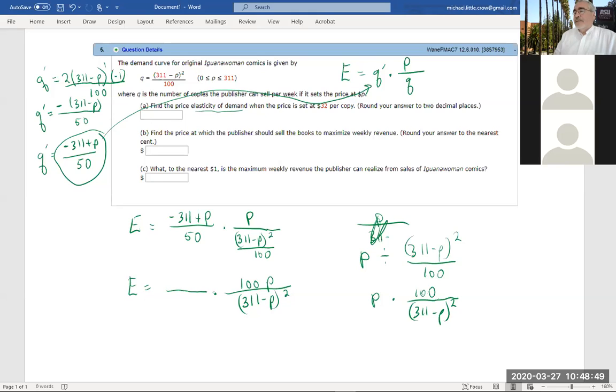Tell you what, since I'm looking at this, I'm going to factor back out that negative, simply because I can see that I can basically cancel out that term.